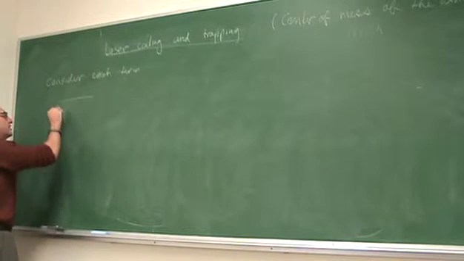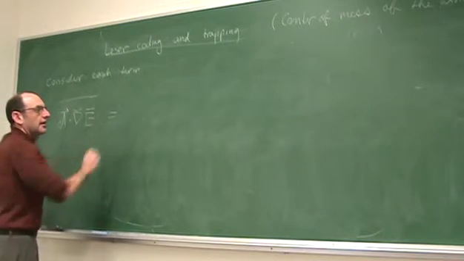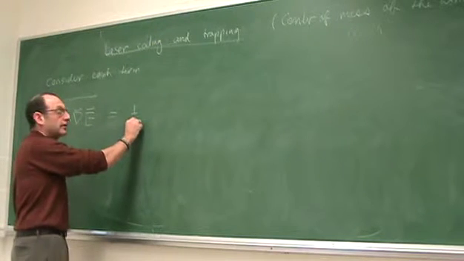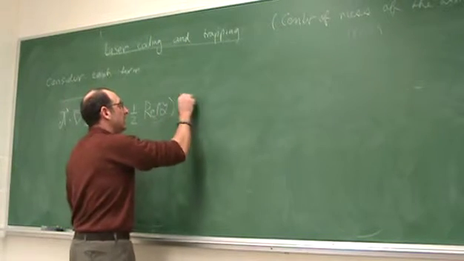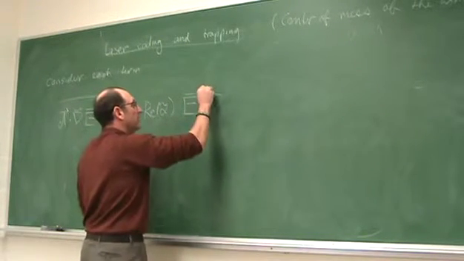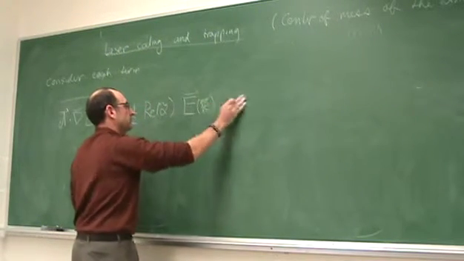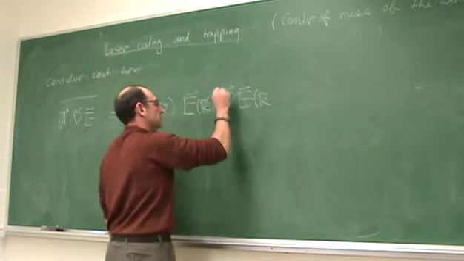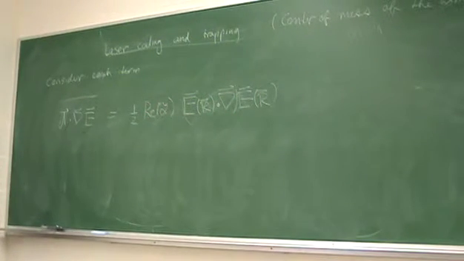If I look at the time average of d dotted into the gradient of E, plugging in what I have there, I see that this is equal to 1/2 the real part of the polarizability, E dotted into the gradient acting on E at the position. So, what is this expression?